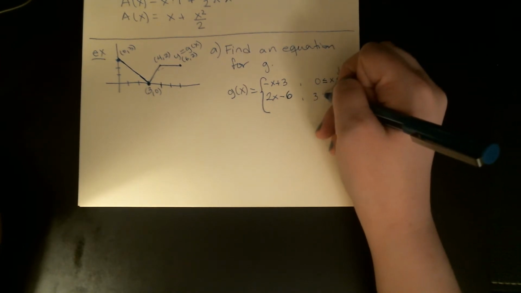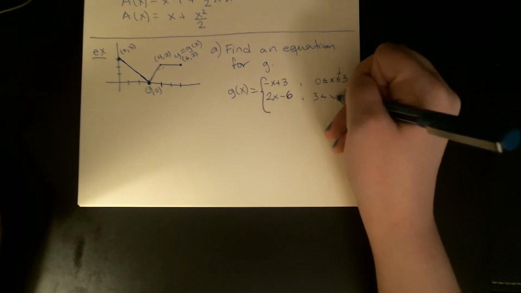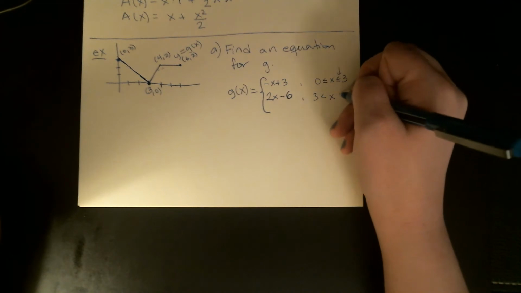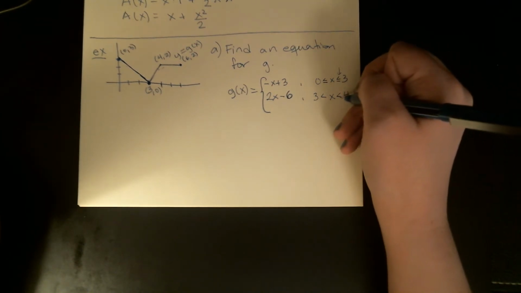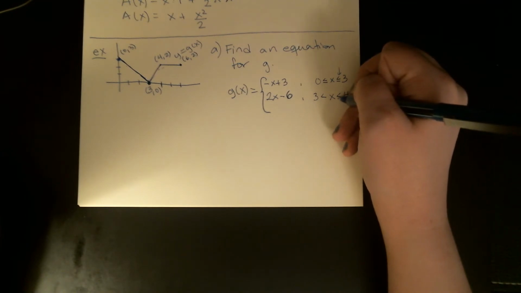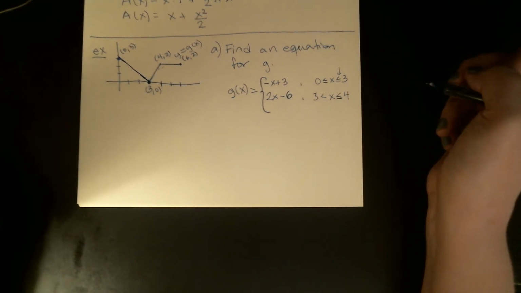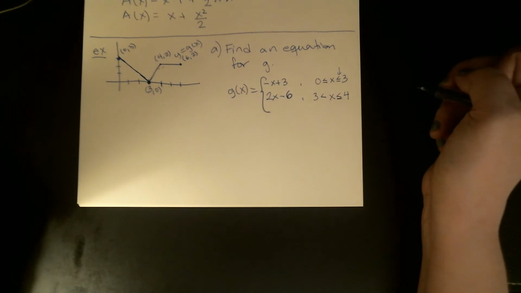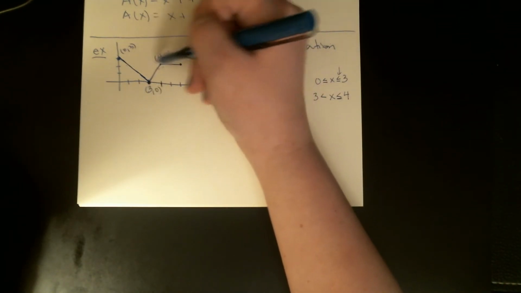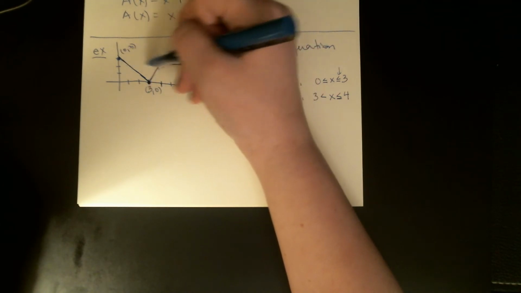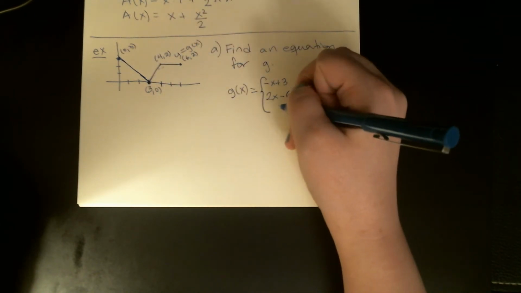Okay, the second piece, since I included x equals 3 in the first piece, I'm going to exclude it from the second one. And then I need to stop at 4. And again, you get to make the decision about which piece gets to claim 4. I'm going to go ahead and put it with the middle piece. The last piece is actually really easy to find an equation for. It's a horizontal line. What's always true about points on that line is that their y-coordinate is 2.